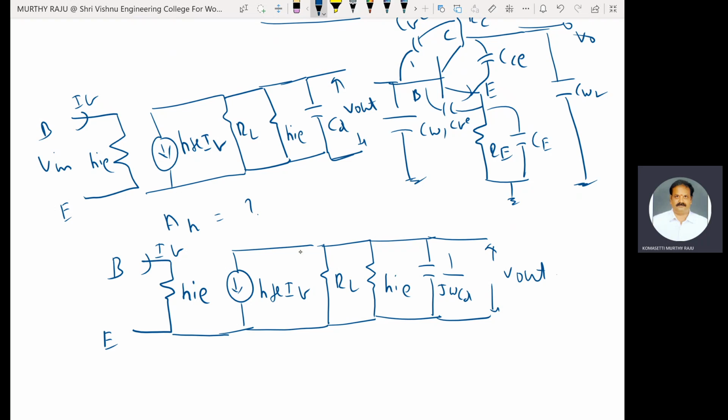This is a single node circuit and one current source is there. That current source is equal to the current flowing through RL, which is V out by RL. The current flowing through HIE is V out by HIE. The current flowing through the capacitance is ICD, equal to V out by 1 by j omega CD.